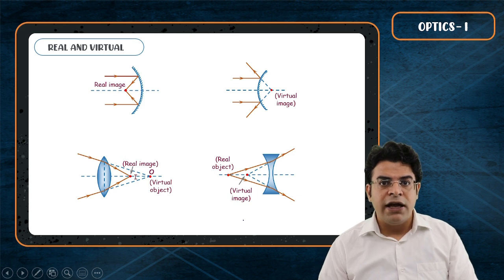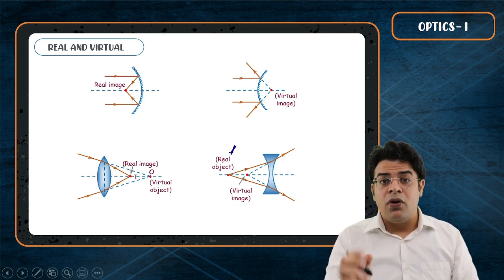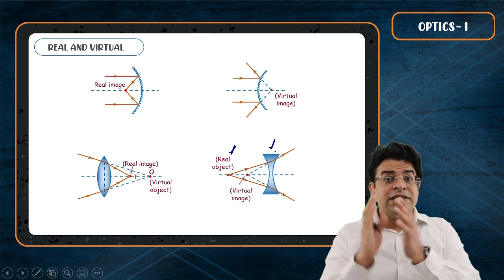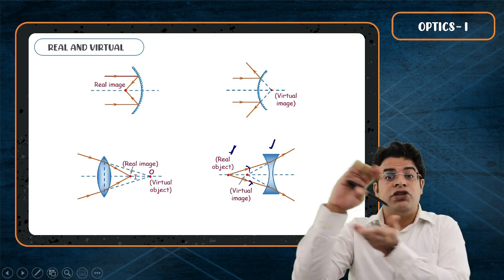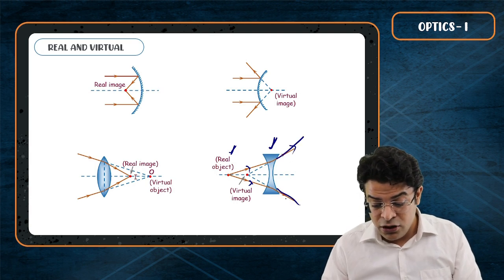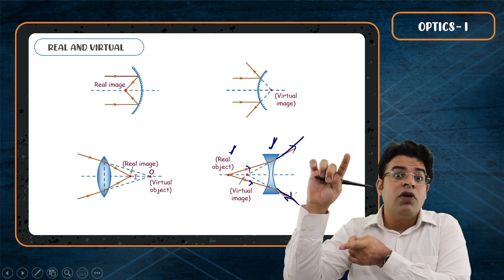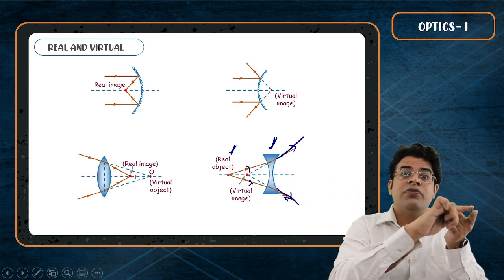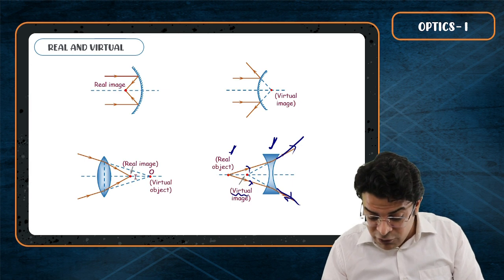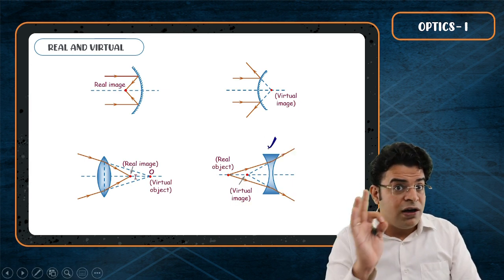Yes. Why? Because out of the real object, the rays which are coming out and which are going to hit this diverging lens are going to be divergent rays. And this diverging lens will further diverge the rays. So the refracted rays won't intersect. What will intersect? Their extension. So you will always get a virtual image for a real object when you place it in front of a diverging lens.